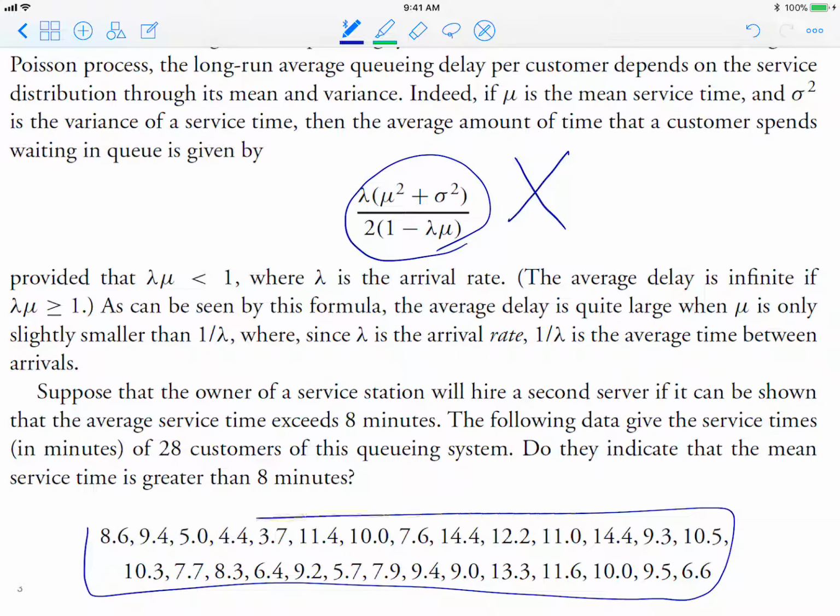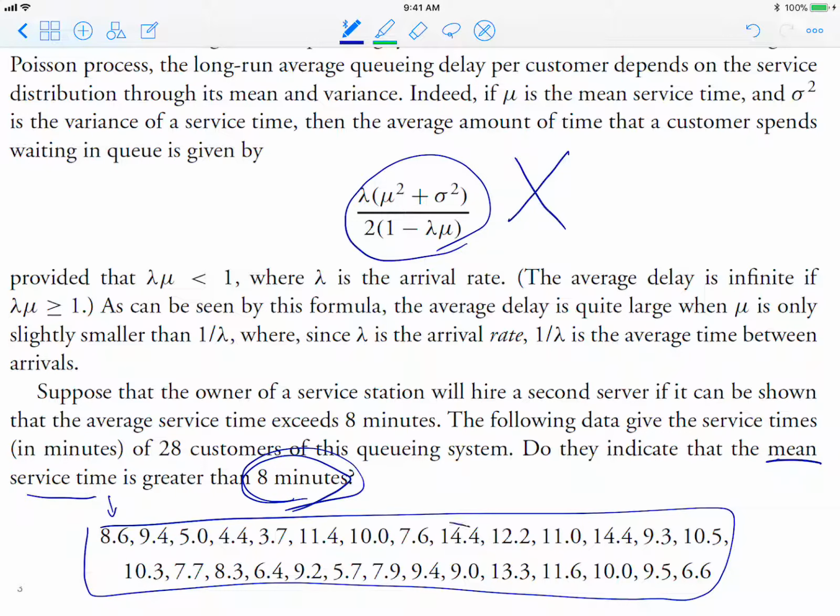These are the main parts of this problem. These are the statistics, and we want to show that the mean service time is greater than 8 minutes.